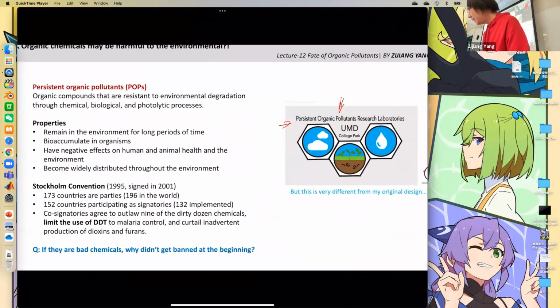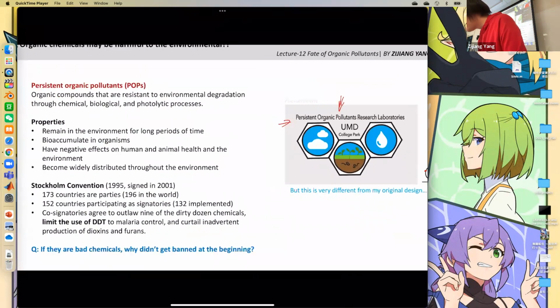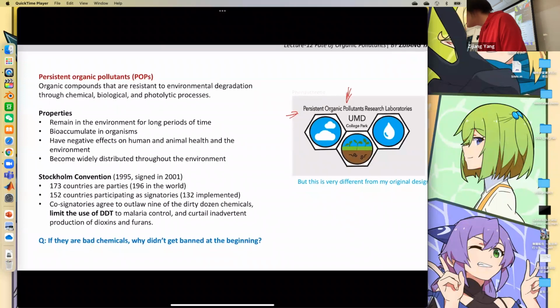So what's a POP? POP refers to organic compounds that are resistant to environmental degradation through chemical, biological, and photolytic processes. They have some common properties: they can remain in the environment for a long period of time because they will not be degraded, they can bioaccumulate in organisms because they are organic, and they usually have negative effects on human and animal health and the environment, so they are bad.